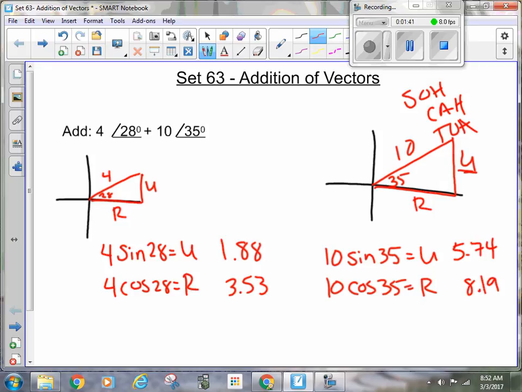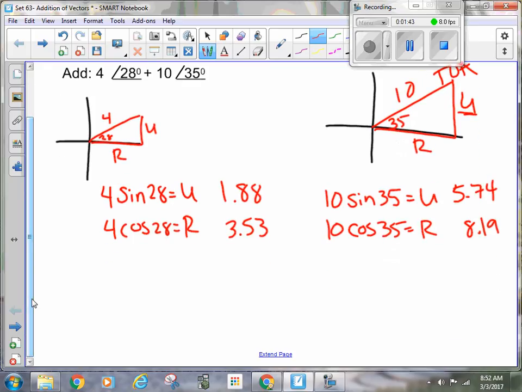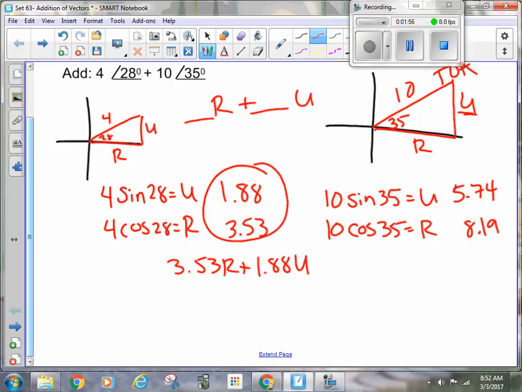Okay, so I'm going to write them both in polar form. And so remember, in polar form, you're going to do your something R plus your something U. So we have 3.53R plus 1.88U. Now both of these two numbers are positive, and so that's why I have my plus. So then my next one is 8.19R plus, because it's positive, 5.74U.